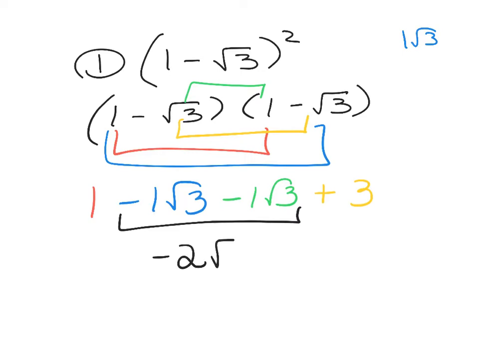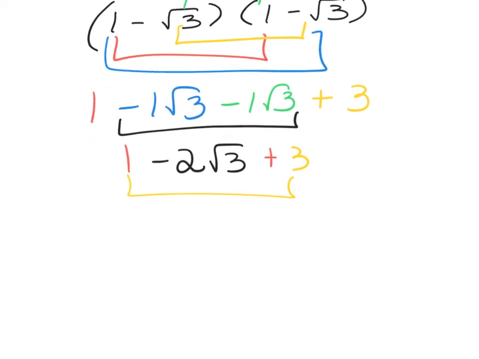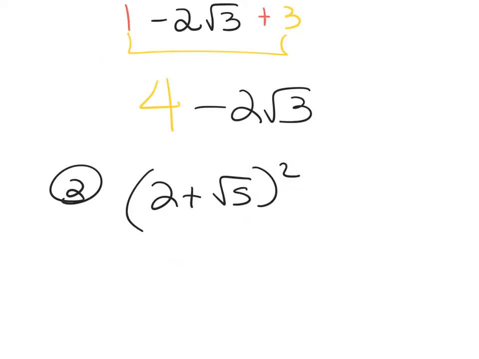So when I group the outer and the inner, it becomes negative 2 square root 3. Now let me just drop down the 1 and the plus 3. Now I can also add up the constants, and then I could get 4 minus 2 radical 3. So again, write it twice and FOIL it.